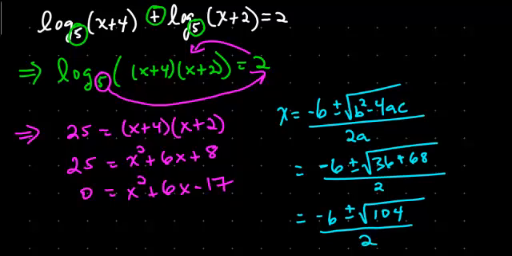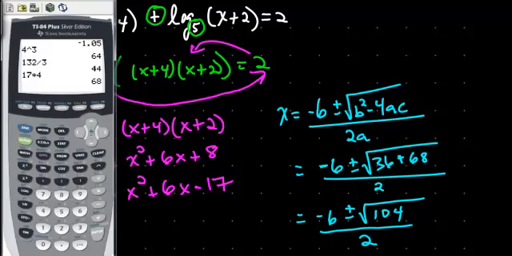Okay, and let's see, does 104 have any perfect square factors? Let's see, 4, so 104 surely divided by 4, 26, and 26 I don't think it has any perfect square factors.